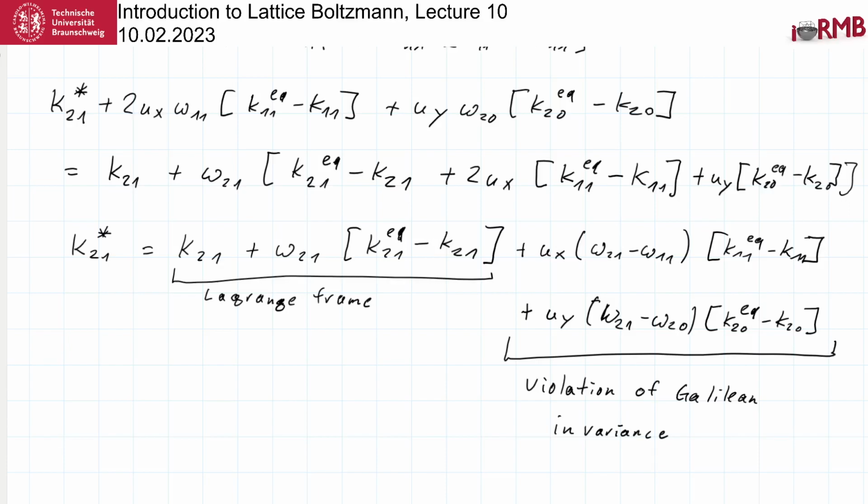So it's a violation in Galilean invariance more or less for two reasons, you could say. The first thing is it is a different equation in this frame of reference and in the resting frame of reference, the Lagrangian frame of reference. This is one thing.